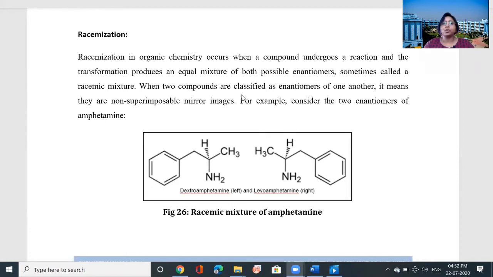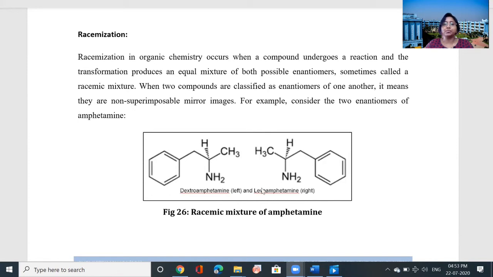So when two compounds are classified as enantiomers of one another, it means they are non-superimposable mirror images. For example, consider the two enantiomers of amphetamine. Look at this picture, they are the enantiomers.